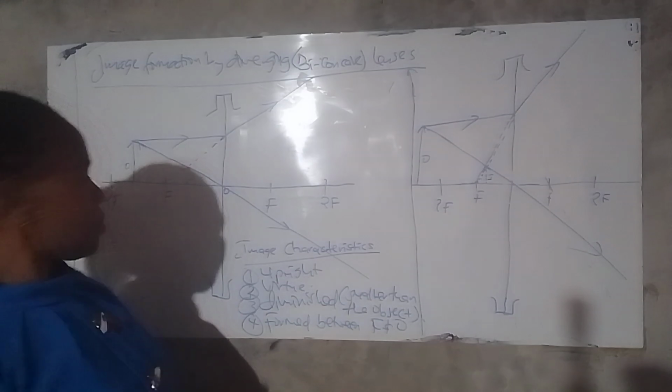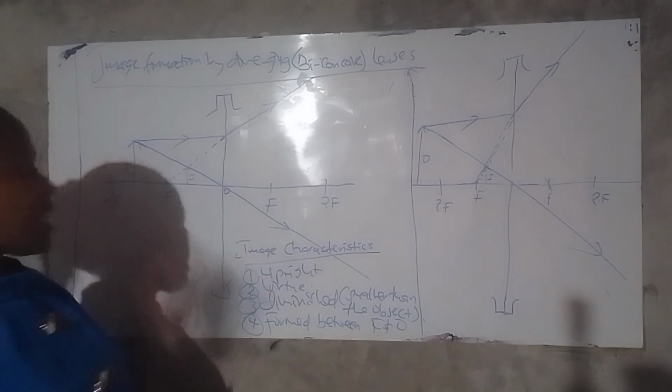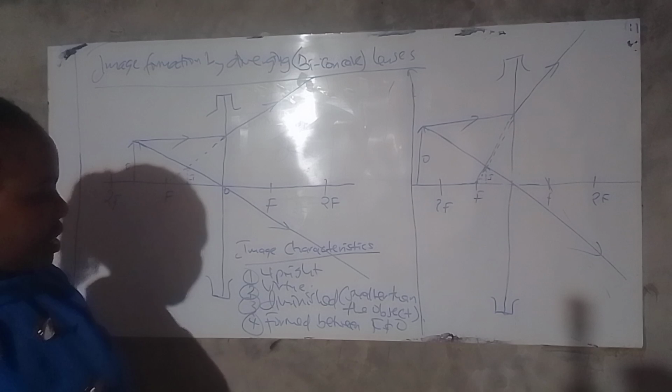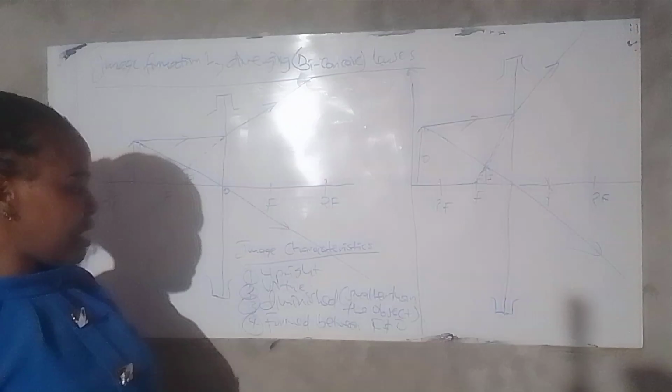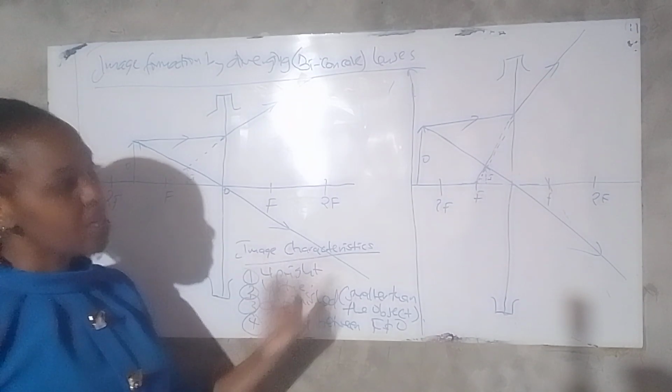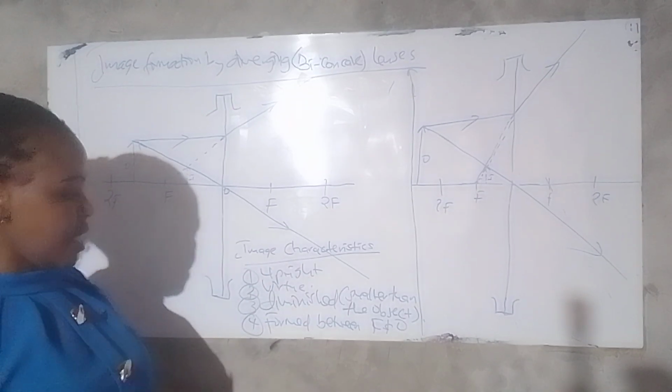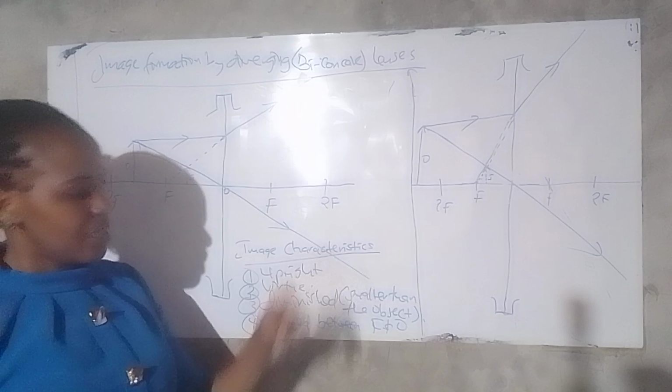Now, if you look at the two images, the characteristics are just the same. It is upright, it is virtual, it is diminished, meaning it is smaller than the object, and it is formed between F and the optical center.